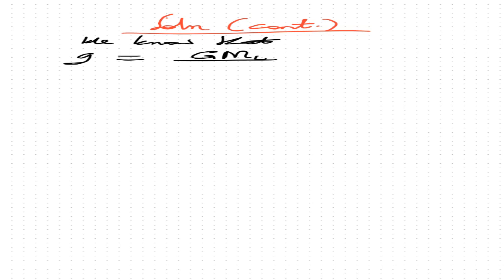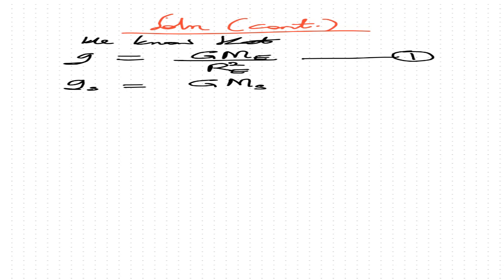When we are relating it with the Earth, it is GME over RE squared, right? So let's call this equation 1. That is when we are relating it with the Earth. How about the other planet? The other planet is going to be GMS over small r squared, where we call that mass the mass of that other planet and the radius of that planet small r. So we can call these two like that, so that at this juncture we relate them.